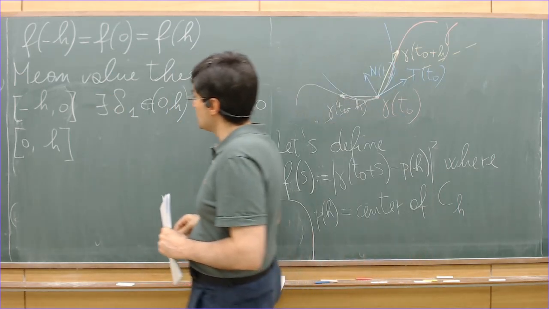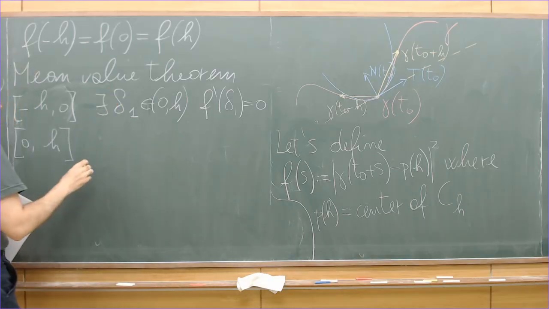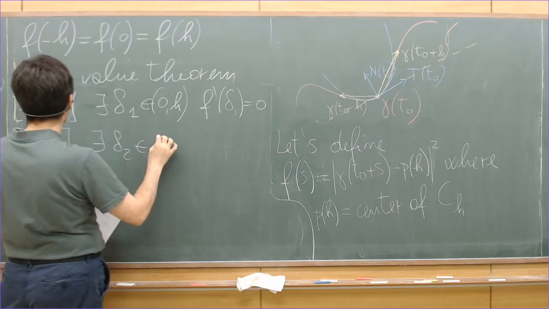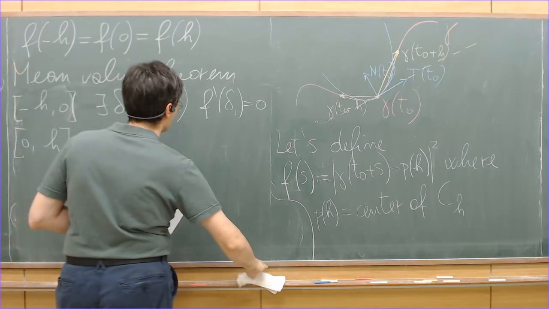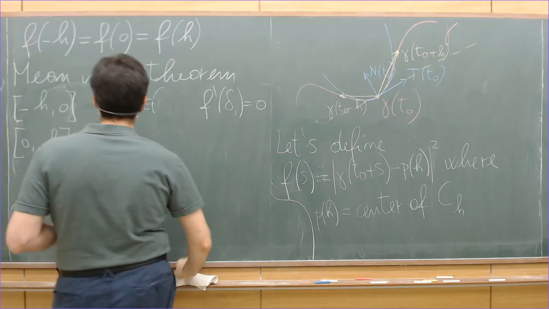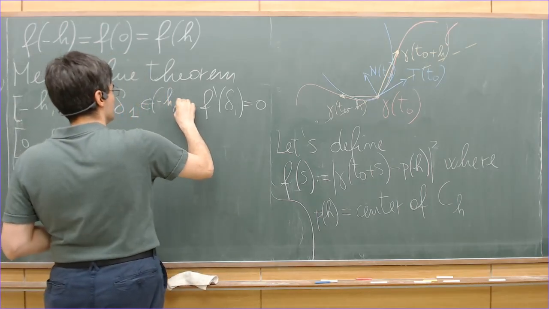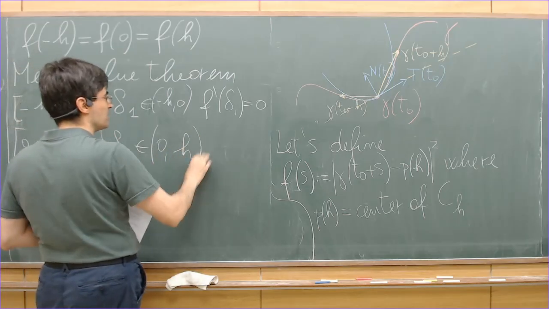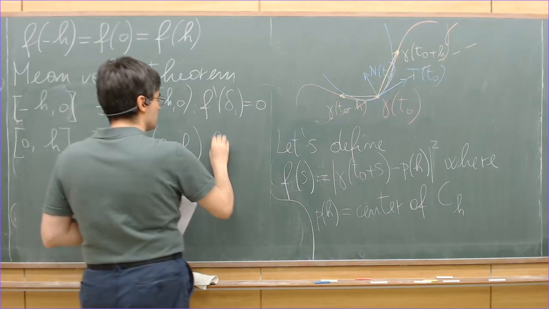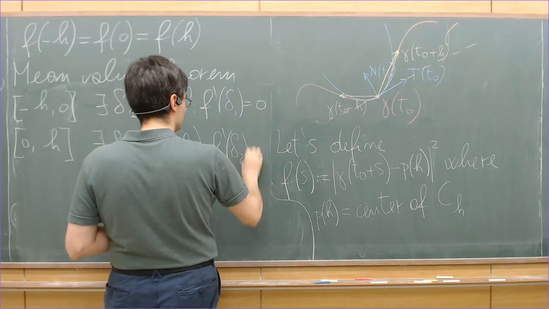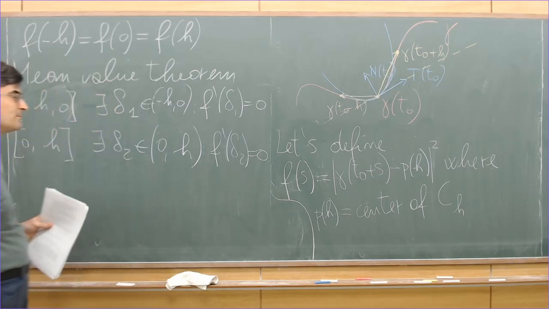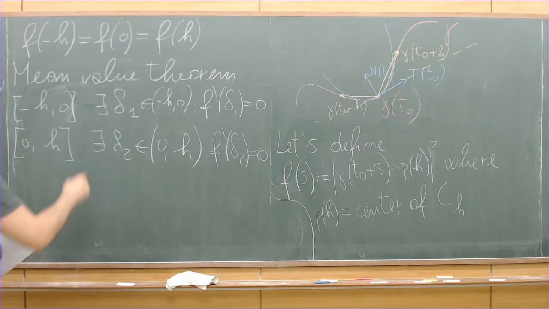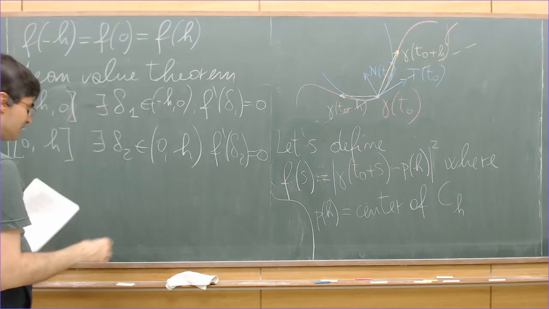But in this case, we get 0 because f at minus h and f at 0 are equal. The second application of the mean value theorem tells us that there exists delta 2 in 0, h, such that f prime of delta 2 equals 0 for the same reason. And then we apply the mean value theorem a third time.